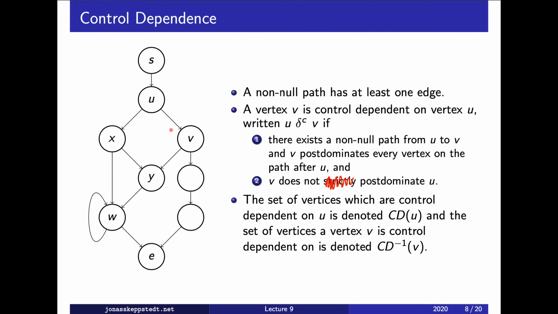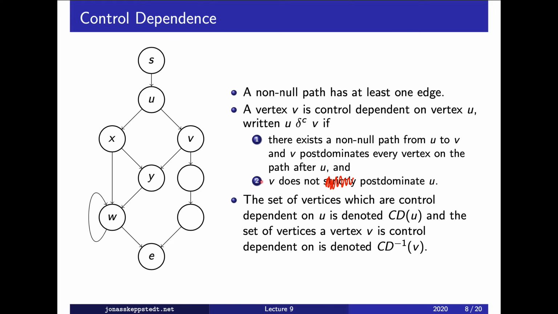On this path, we start with the vertex after U, so it will actually be V, and V postdominates itself. So this one is fulfilled.